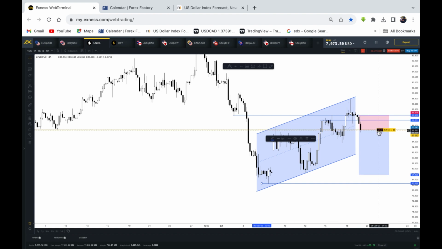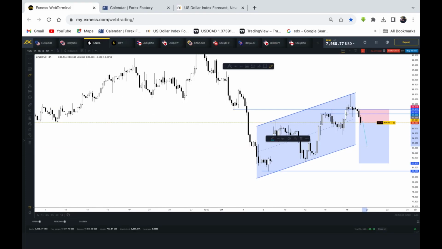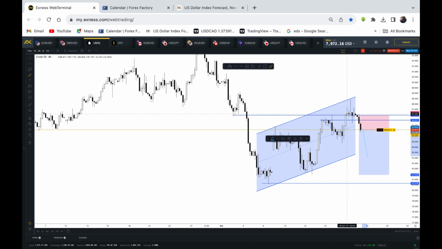So what I'm looking for, okay, sorry about that, I just received a call. Okay, so on US oil, I'm looking to see the market push to the downside. I'm looking for a massive sell, because this is a flag pattern. I'm looking for a massive sell to come to this particular point. So in total, I'm looking for a huge move on US oil.